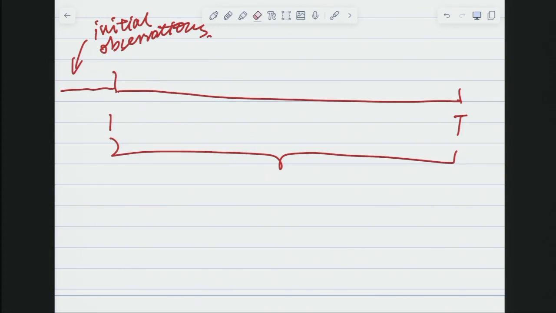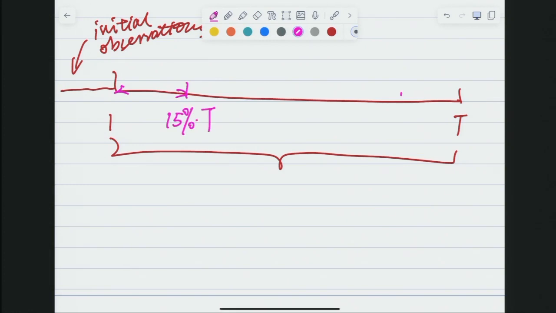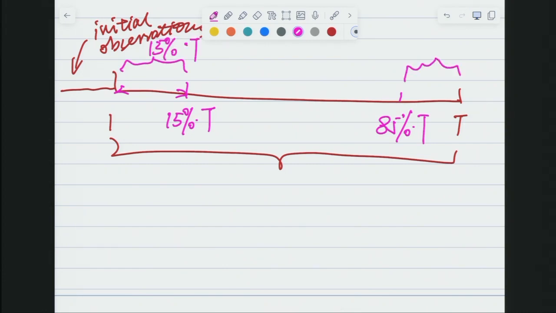Typically, we would trim the first 15% and also the last 15% of our data set. So here there's 15% times T, and here we have 15% times T. We're going to reserve them, set them aside.